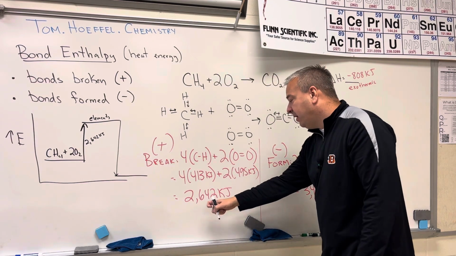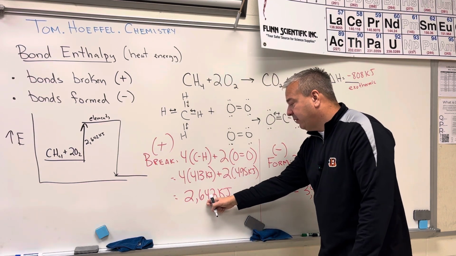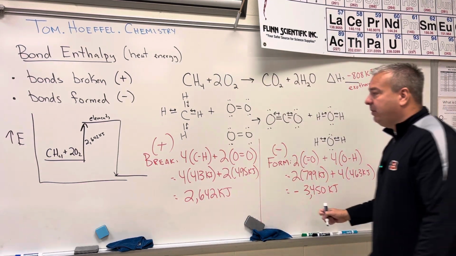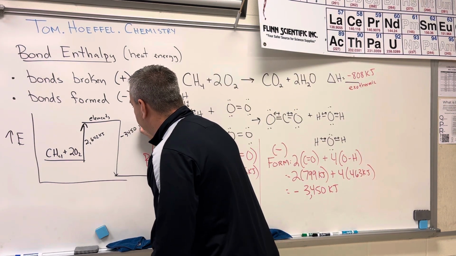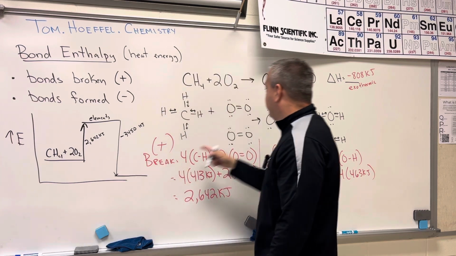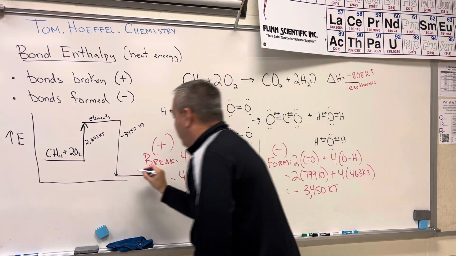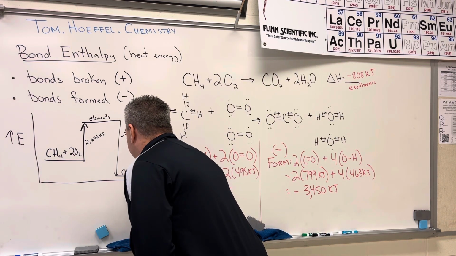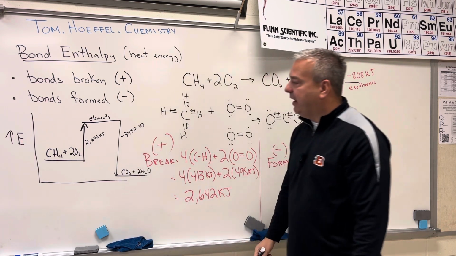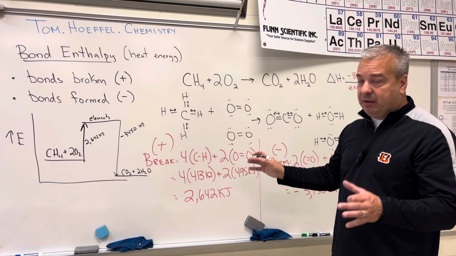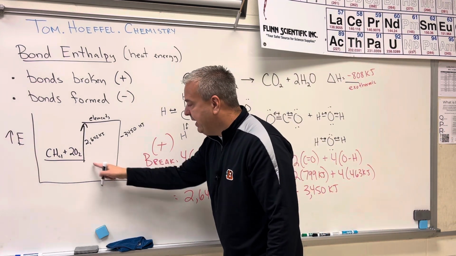So we absorbed 2,642, but we're releasing 3,450. And then when we're done, we end up with our products of carbon dioxide and our water. And the change in enthalpy is actually the difference between here and here.